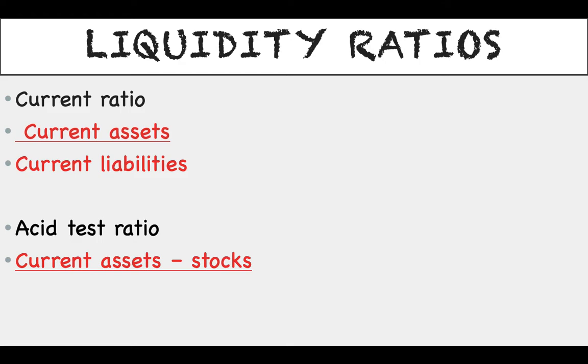Okay, why might we take off stocks? Have a think. Well, the thing with stocks is that they could get damaged, they could go out of date if it's something that's perishable, they could get stolen, they could get burnt down in a fire, they might depreciate in value if they become out of date.